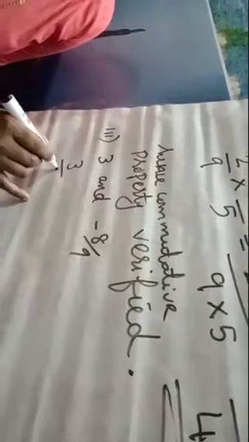Question number 3. 3 and minus 8 by 9. How to do? How to write 3 in p by q form? Rational form. 3 by 1 into minus 8 by 9 equal to numerator into numerator by denominator into denominator.